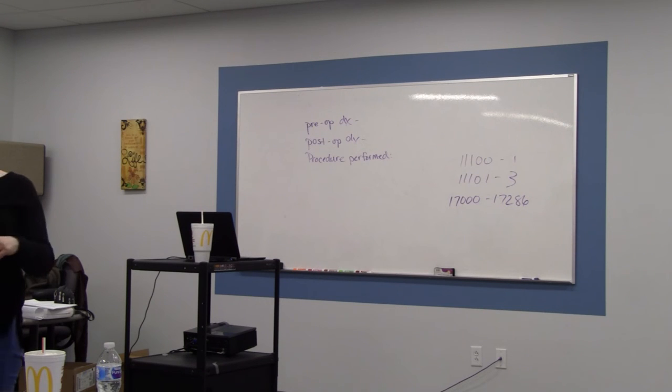If it was part of a bigger thing, you don't code it. It's all in the book. It's not all just in my head, because these guidelines explain right here what a separate procedure means. It talks about the surgical package, all that good stuff.